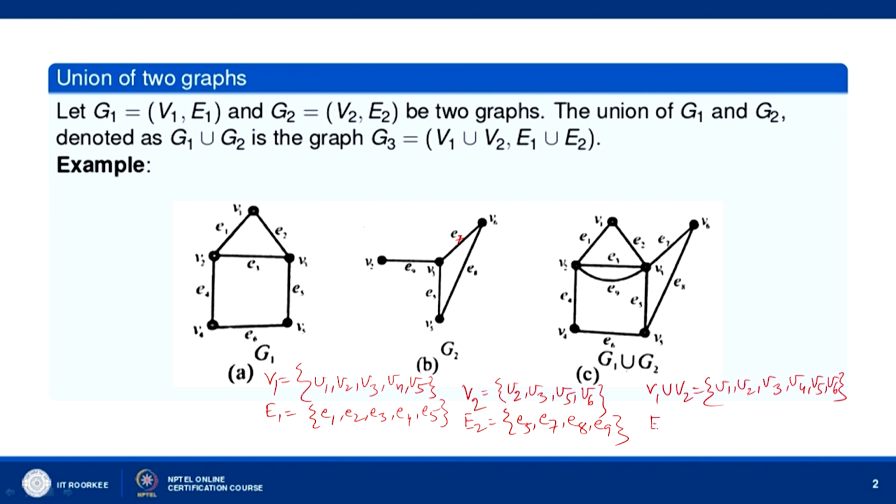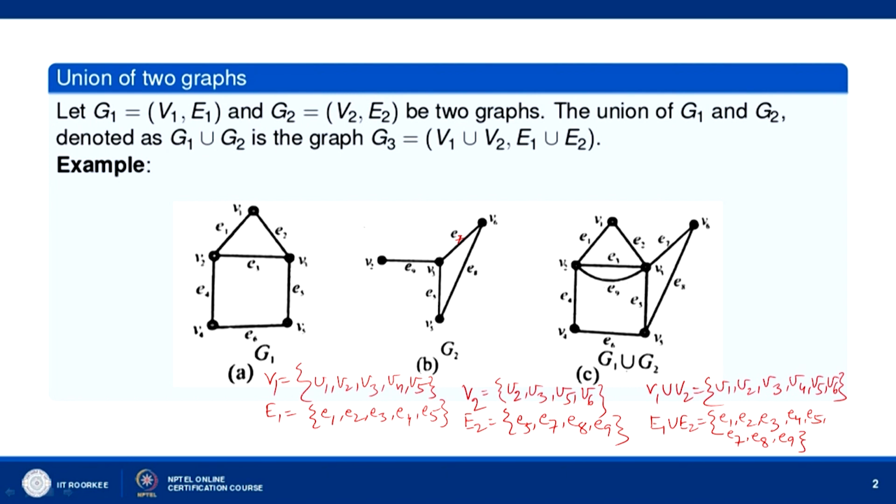And E1 union E2 will consist of E1, E2, E3, E4, E5, after E5 we have E7, E8 and E9.